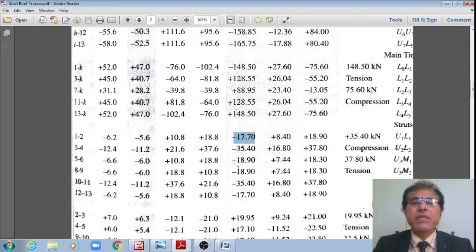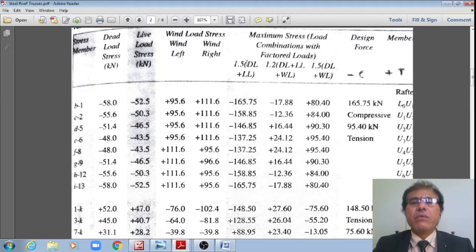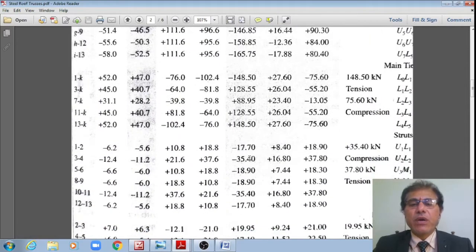Out of all these, we can see that minus 35.4 is the maximum value. Therefore, that is my design compression force in the 1.5 dead load and live load combination, as nowhere else do I have a larger negative value. Therefore, that is the design compression force.